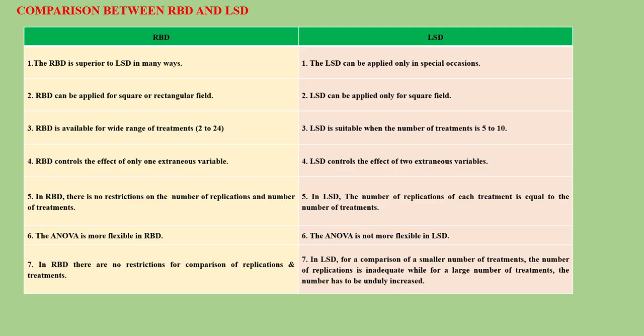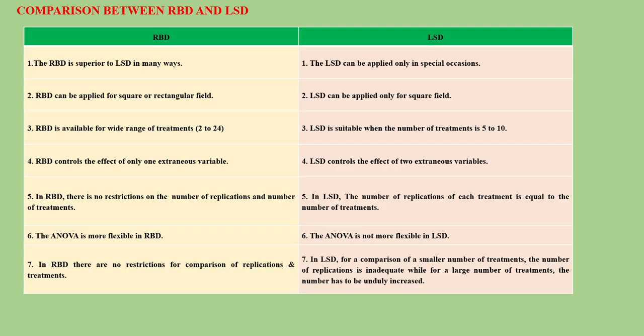RBD controls the effects of only one exogenous variable. LSD controls the effects of two exogenous variables. In RBD there is no restriction on the number of replications and number of treatments. In LSD, the number of replications of each treatment is equal to the number of treatments, because rows equal columns. RBD is more flexible.